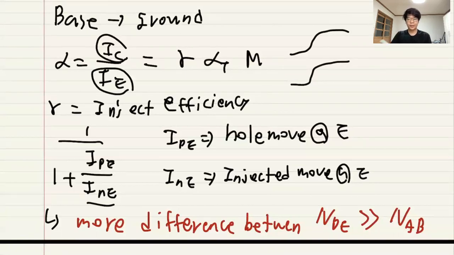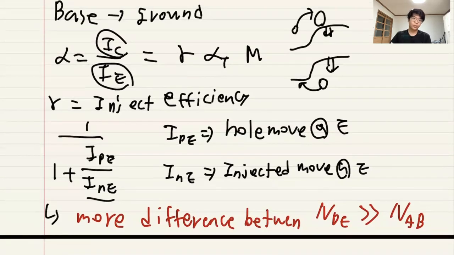At active mode, the barrier goes lower and the electrons are injected. Also, at the base, the holes are injected to the emitter. To get more efficiency, we need more difference between concentrations. We have to dope the emitter higher than the base.